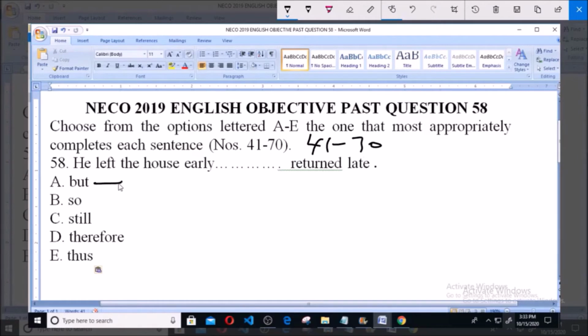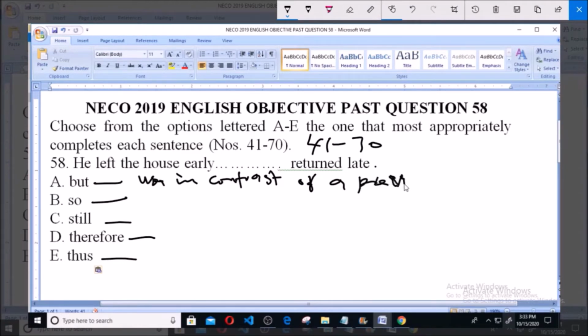A, but; B, so; C, still; D, therefore; E, thus. Now, but is used in the construct of a previous idea, so but cannot function in this statement.